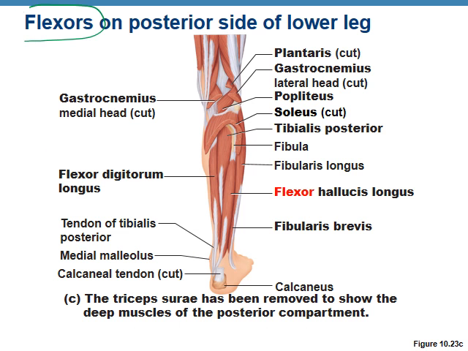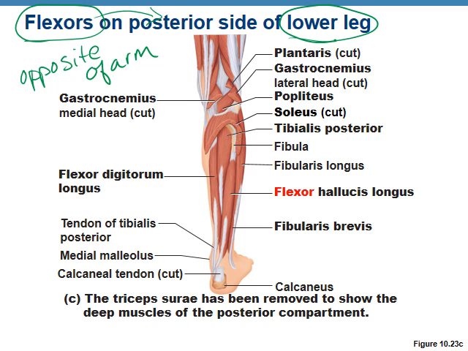We also need to discuss where you would find the flexors on the lower leg. So this is the opposite of the arm. So the flexors are on the posterior side. So you can see back here on the back posterior side is where you would find flexors.